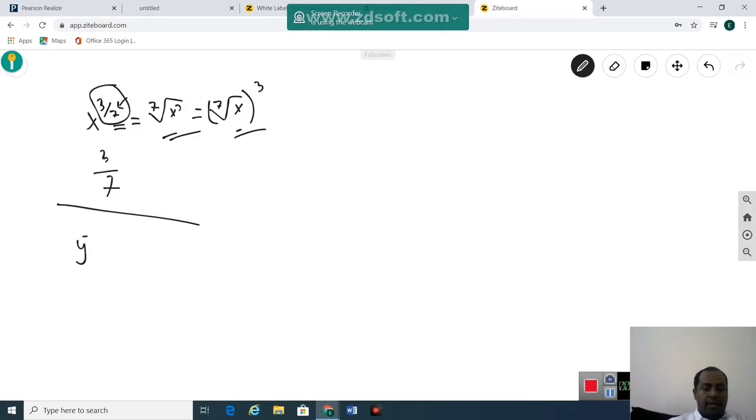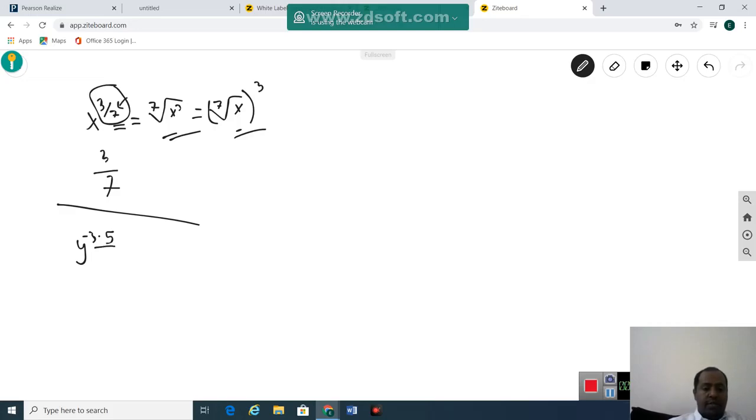Y to the power of negative 3.5. In order to convert this decimal exponent to radical form, our first step should be to change the decimal to rational expression.